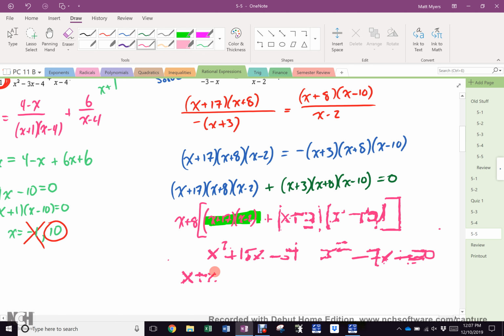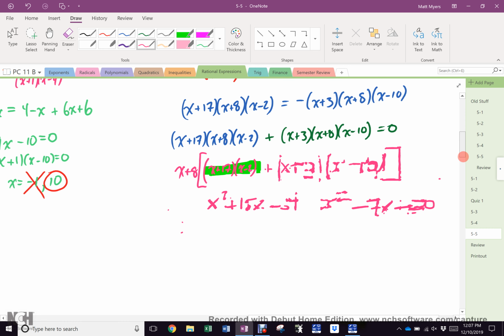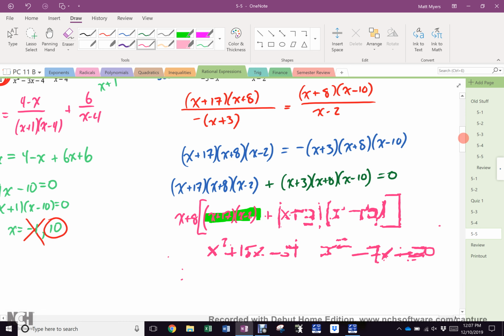Can you finish it from there, do you think? Collect those like terms and see what happens. Wait, what were the last digits of both? x squared plus 15x minus 34 plus x squared minus 7x minus 30.